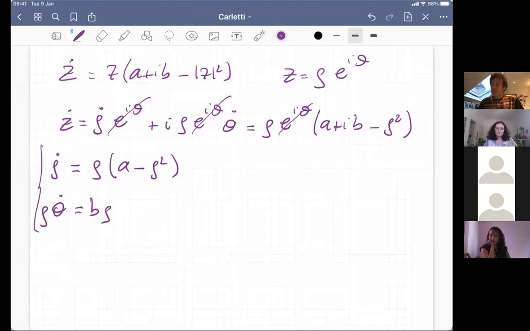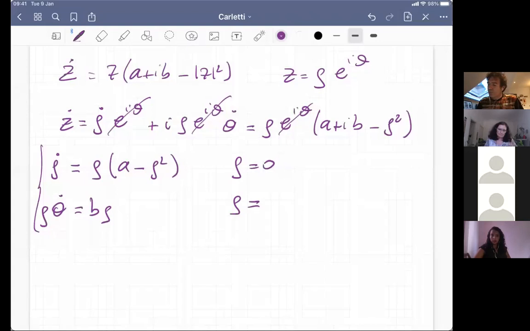And so the first equation has for sure two solutions: rho equal to 0 and rho equal to the square root of a, where rho is positive because it's a modulus.